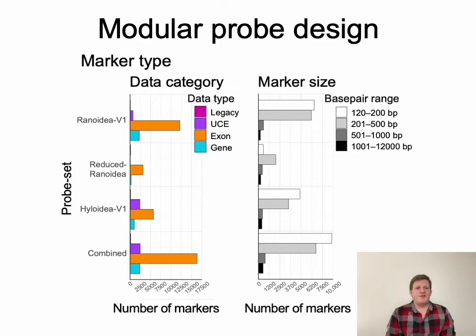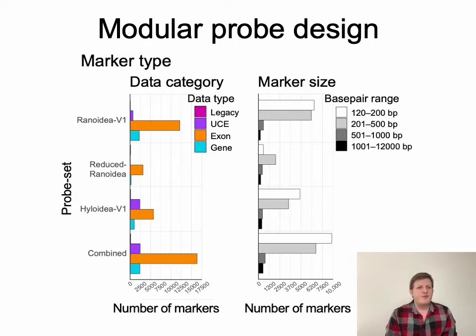To summarize all the probe sets together in their different data categories and marker size classes, I have these two figures shown here. Combined on the very bottom is the full FrogCap marker database, from which the other three probe sets are derived. The other three are the probe sets used in this study. For the first data type, the legacy data type in purple or pink, these are hard to see because there's only about 80 of them in each of the data sets.